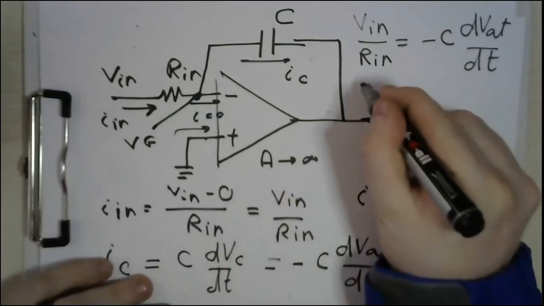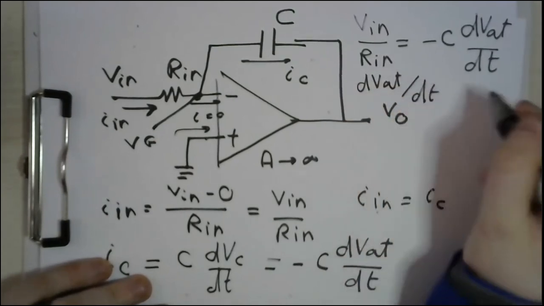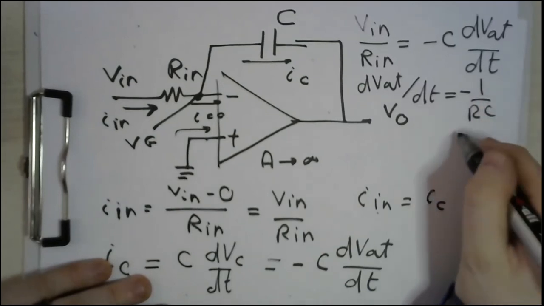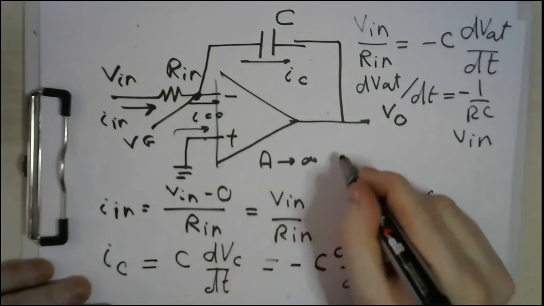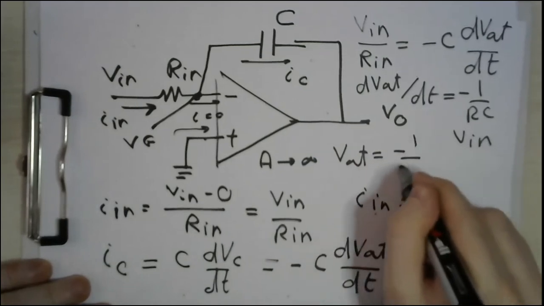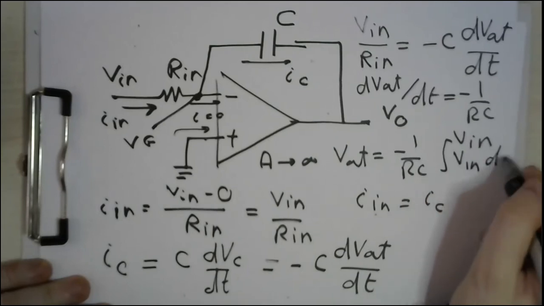So dV out by dt equals minus 1 over RC times V in.